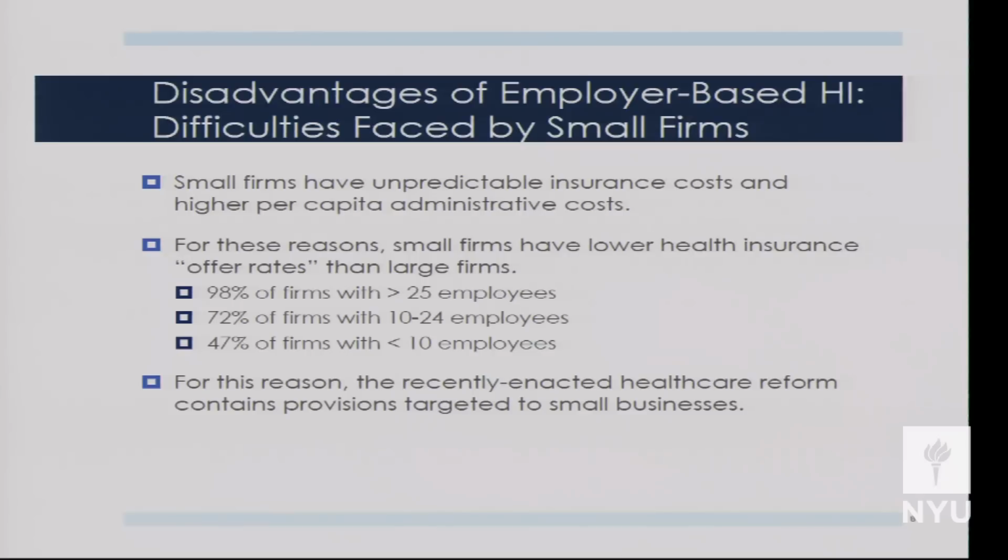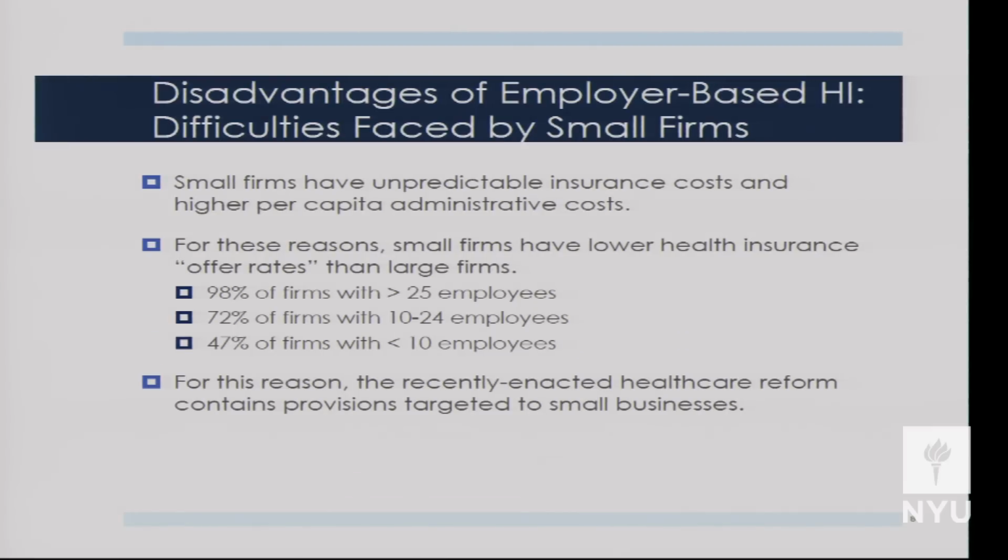So part of what the recently enacted healthcare reform was trying to do, it has many parts, right, as we know, it's a big complex piece of legislation, but one part of the ACA, as it's known by other names too, but let's call it by its legislative acronym, is about helping small businesses participate in the health insurance market.